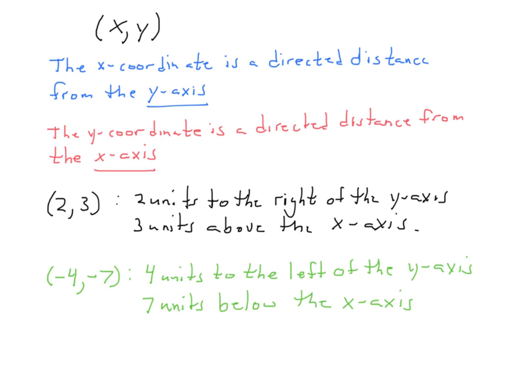And the -7 tells me that I had to go down 7 units below the x-axis. Keeping in mind this idea that each coordinate represents a directed distance will really help with keeping the transformations, and the effect of what those transformations have on the graph and the individual points, fairly clear.